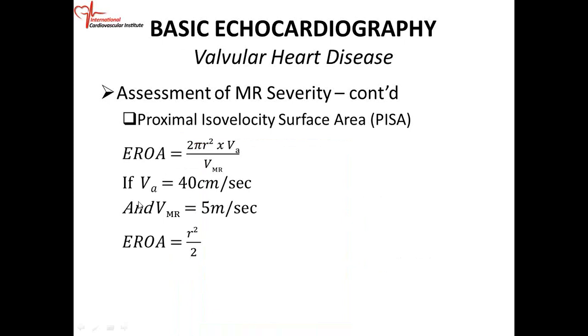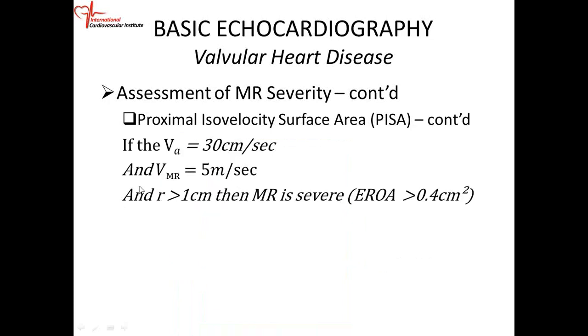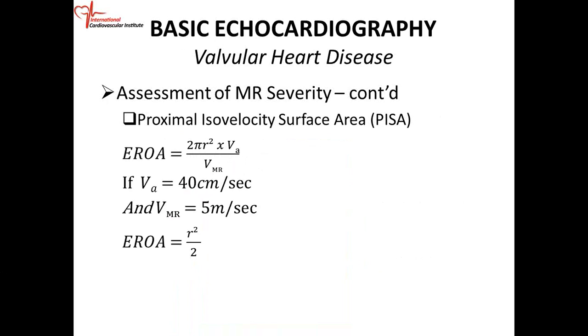Very important: if you're doing echoes, you should try and adjust the Aliasing velocity to 40 centimeters per second.